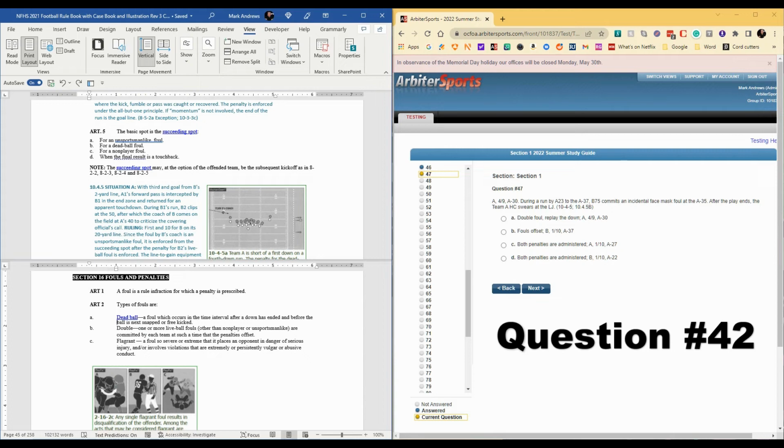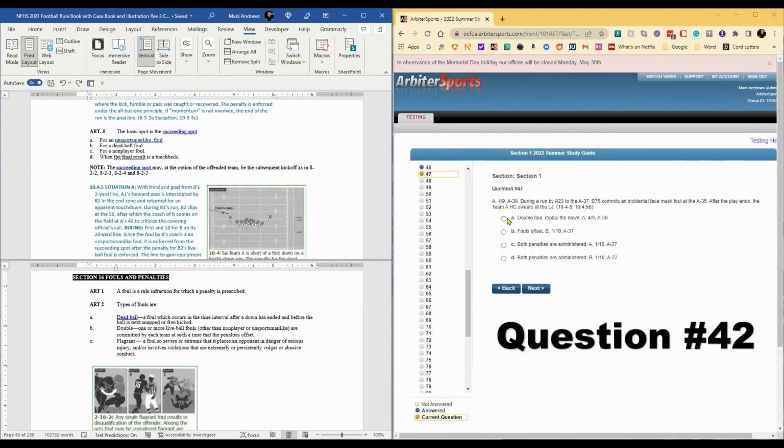Now, I would have liked it if he had included 2-16-2 because it talks about the types of fouls. And so typically when we have a foul by each team, it's a double foul and we replay the down, right? But in this case, the first foul occurs during the play. The play is over. It says after the play ends, the Team A head coach swears at the line judge.